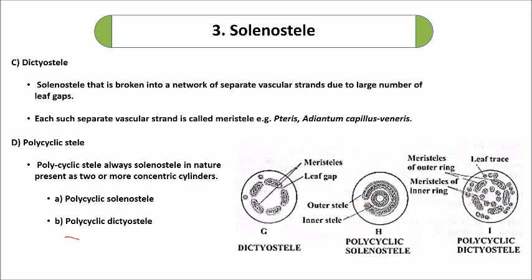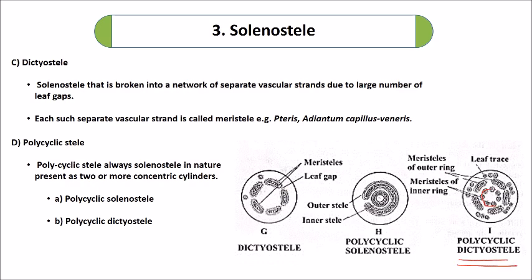Another one is polycyclic dictyostele. That means it may be the dictyostele with many rings. That means different strands or separate meristeles due to leaf gap, and this vascular strand is of multiple rings, as you can see here in polycyclic dictyostele.